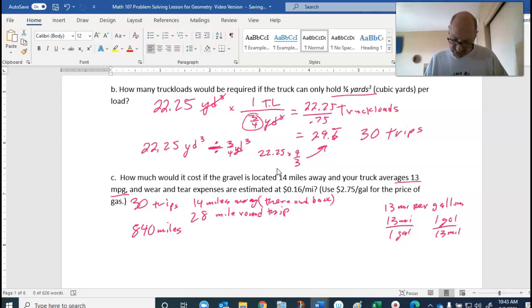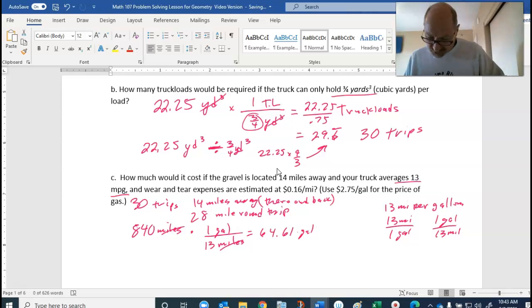So you can take this 840 miles and divide by 13 miles per gallon, and 840 divided by 13 is 64.61 whatever gallons, because our miles reduce out and we get gallons.